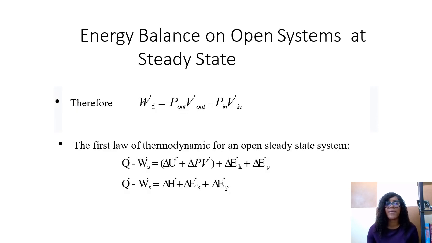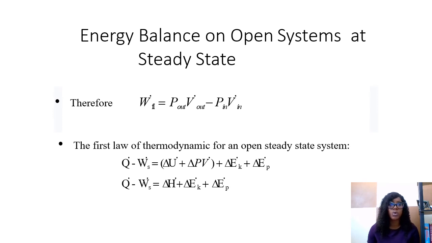So when we have a balance on an open system at steady state, we can have our flow work, because remember, we're not looking at flow work, we're looking at our volume change and our pressure, right? So WFL would take into consideration that P delta V term.